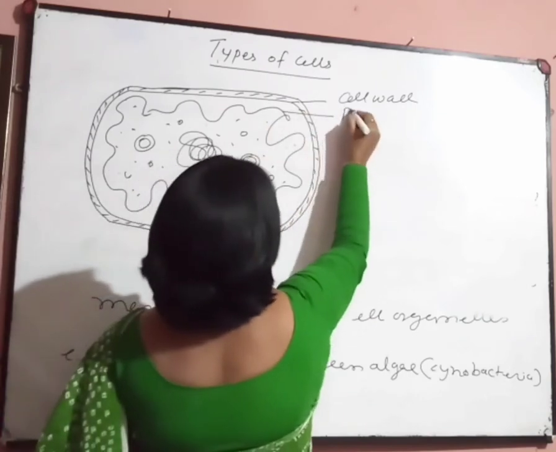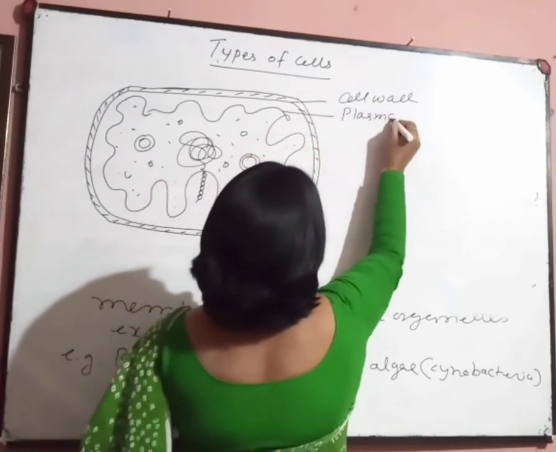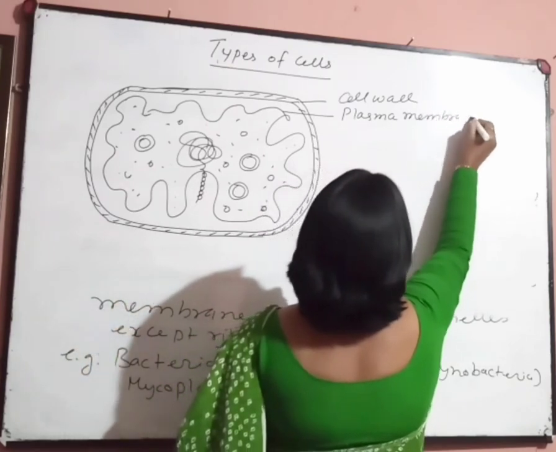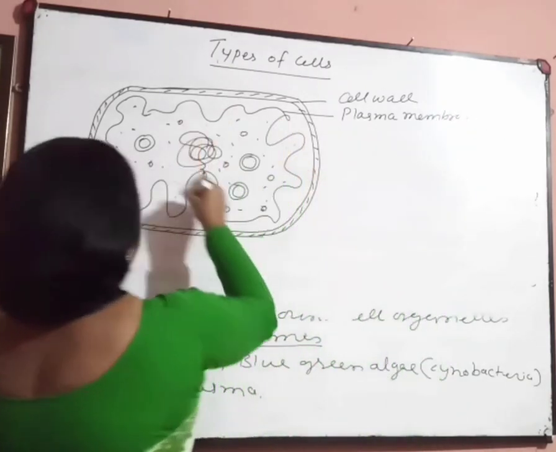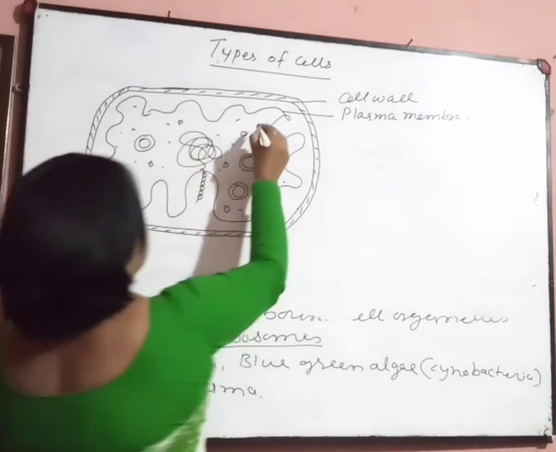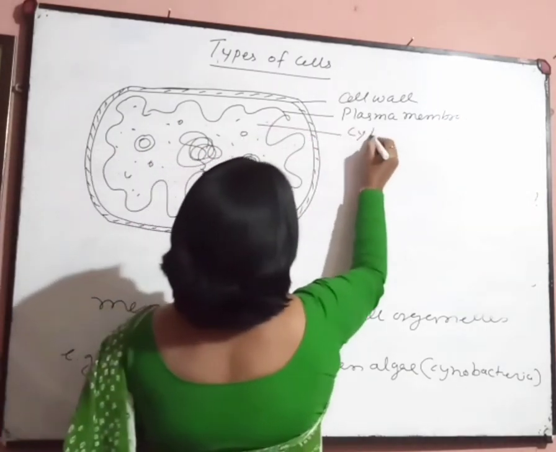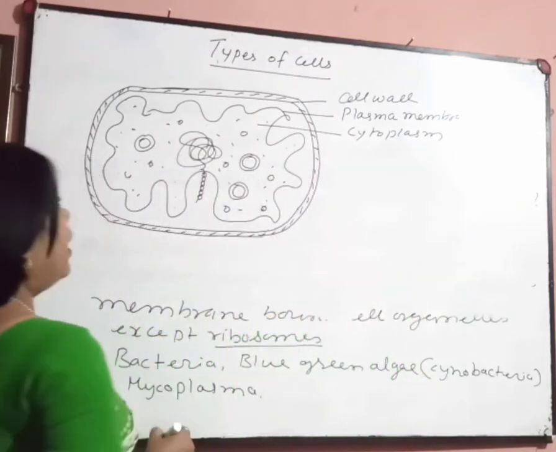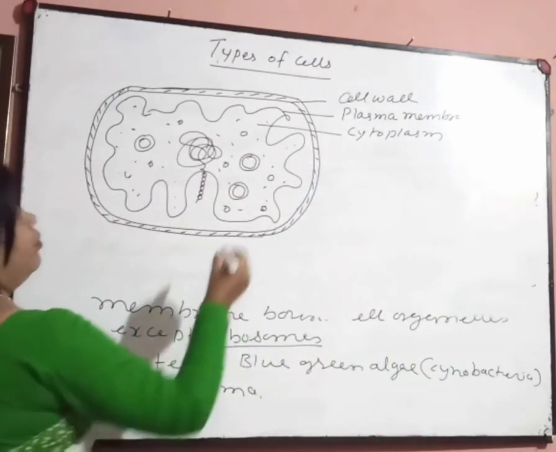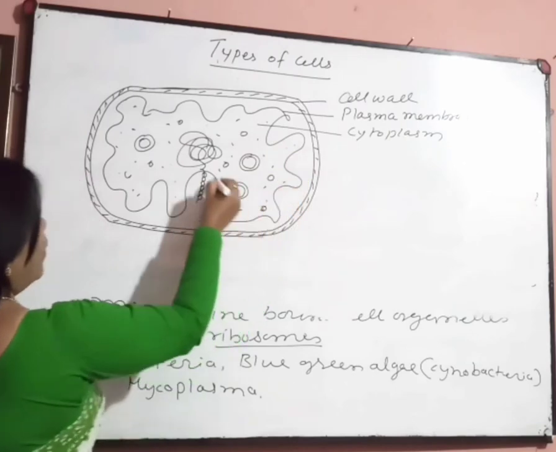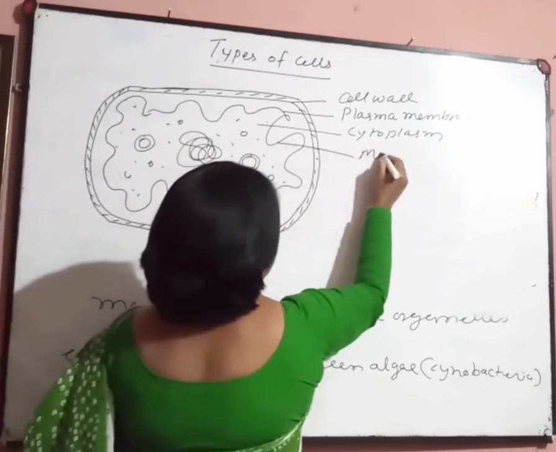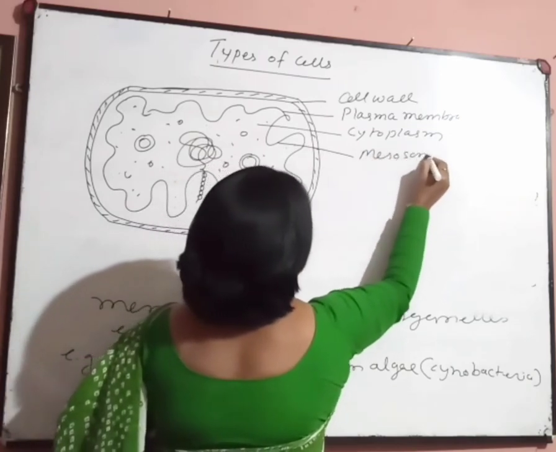This is plasma membrane, and inside the plasma membrane the fluid is the cytoplasm, and plasma membrane forms some folded structures, and these folded structures are known as mesosome.